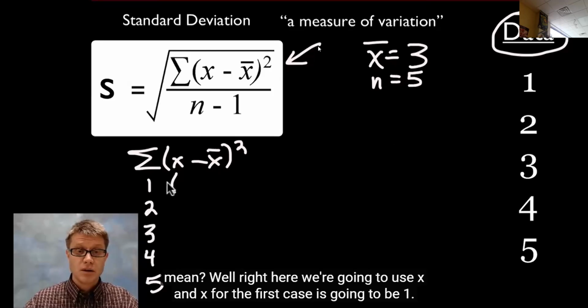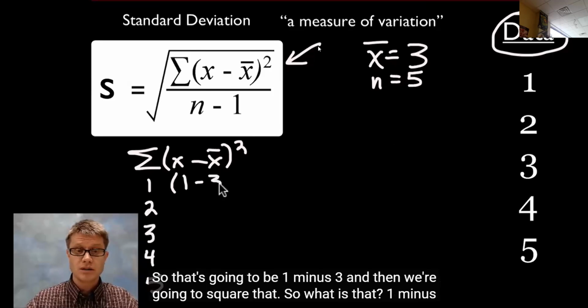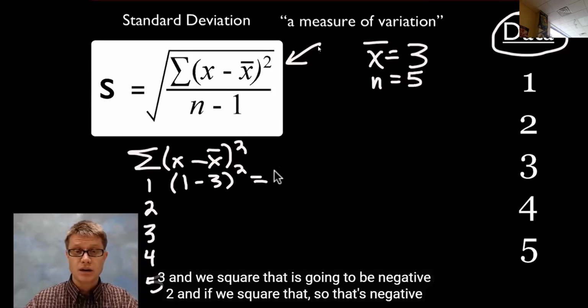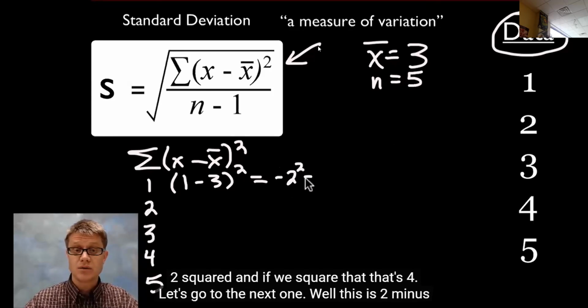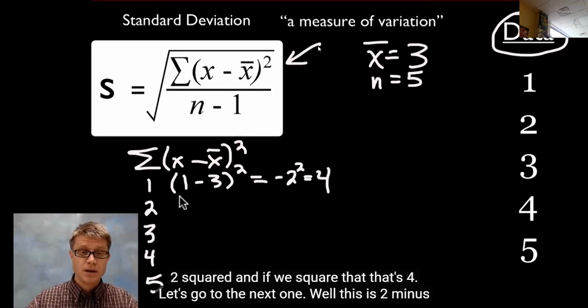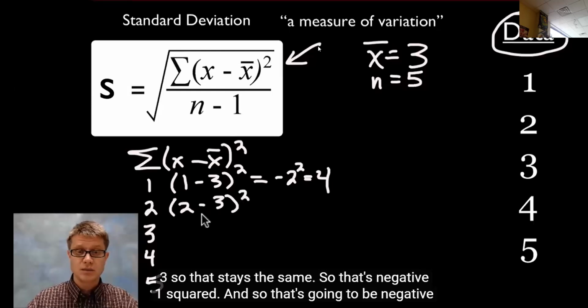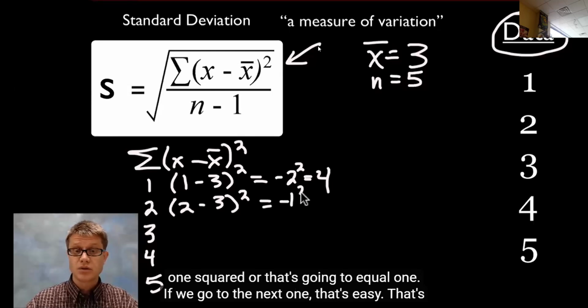What does that mean? Well, right here we're going to use x, and x for the first case is going to be 1, so that's 1 minus 3, and then we square that. 1 minus 3 is negative 2, and negative 2 squared is 4. Let's go to the next one. This is 2 minus 3, so that's negative 1 squared, which equals 1.